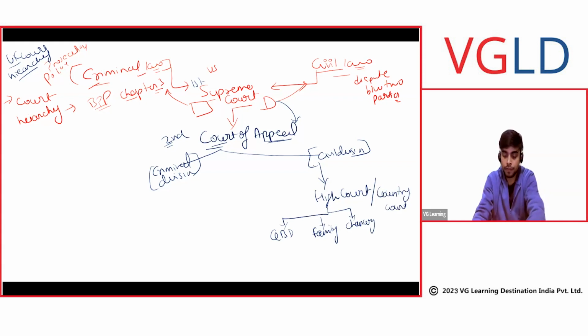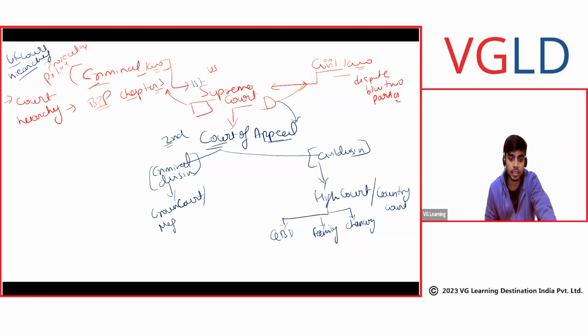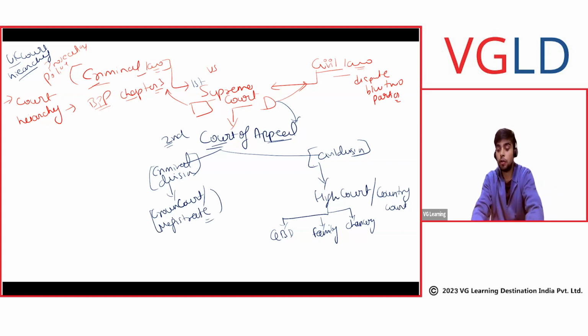And in the case of criminal cases, the Court of Appeal basically gets cases from the Crown Court or the Magistrates. Okay, this is how the order for the UK court-based system goes.